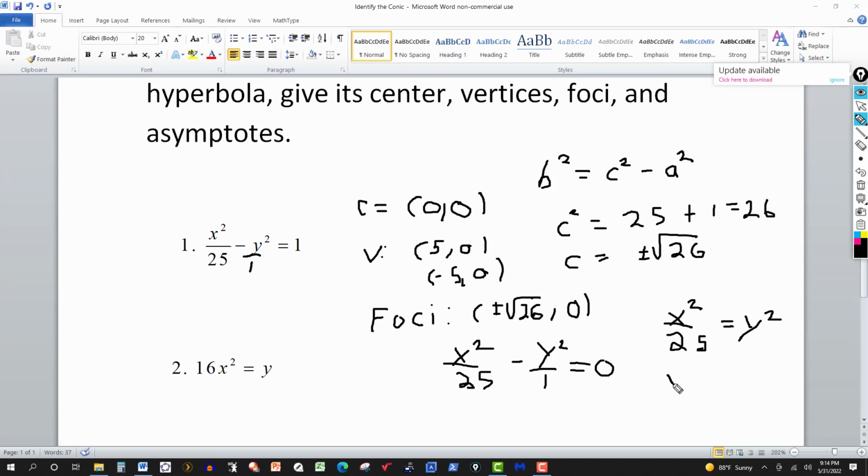Solve for y, take the square root of both sides. y will equal plus or minus x over 5, since the square root of x squared is x and the square root of 25 is 5. So one asymptote is y equals x over 5, and the other is y equals minus x over 5. So we got the center, the vertices, the foci, and the asymptotes.